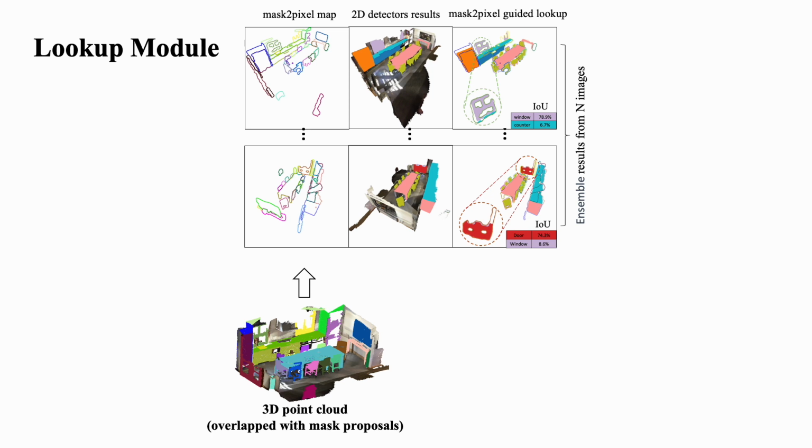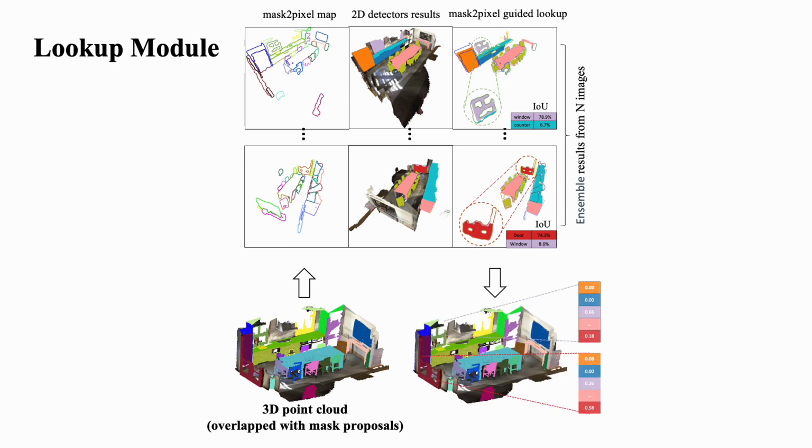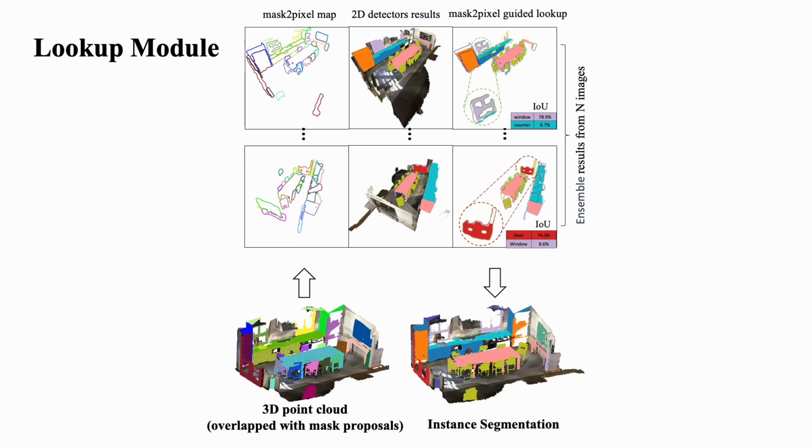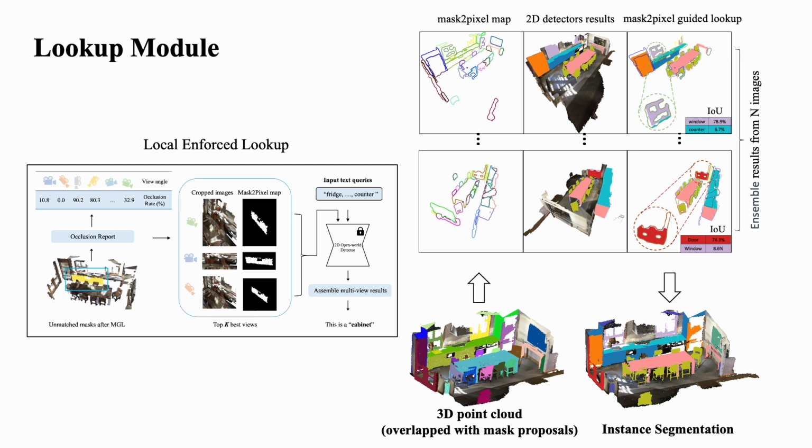We ensemble the results from the multi-views to form more confident detections. We conduct a similar approach at local level to encourage detection. The results from both global and local detection form the final output.